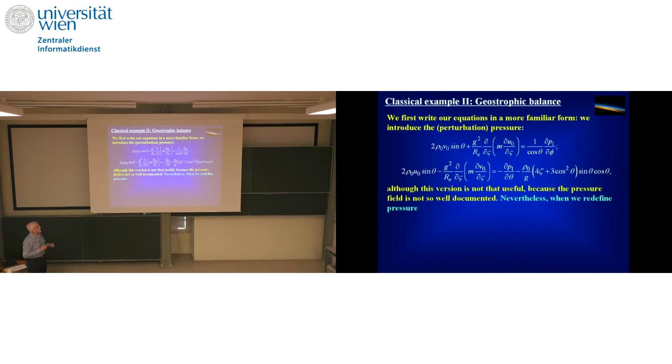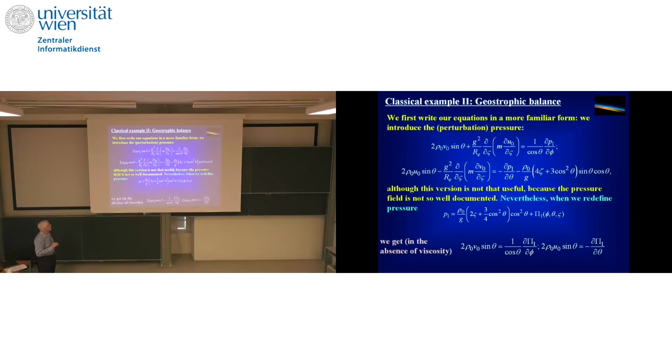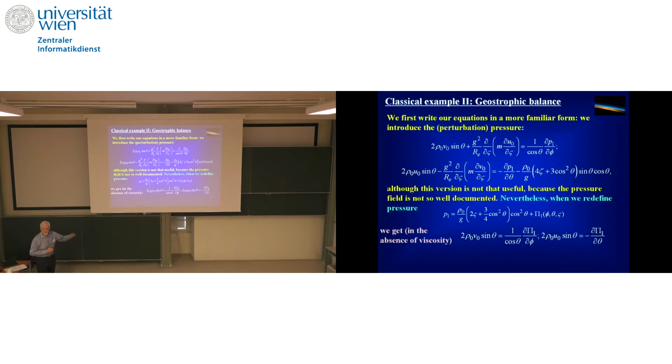So I've commented here that the pressure field is not as well documented or understood, and we don't have data for it, as, for example, the temperature field, which is much more reliable if you're going to use this sort of approach. But nevertheless, if you stick with the pressure, if we just redefine it by taking out this little bit here, we will then get the equations, in the absence of viscosity anyway, which take exactly the classical form for the geostrophic balance.